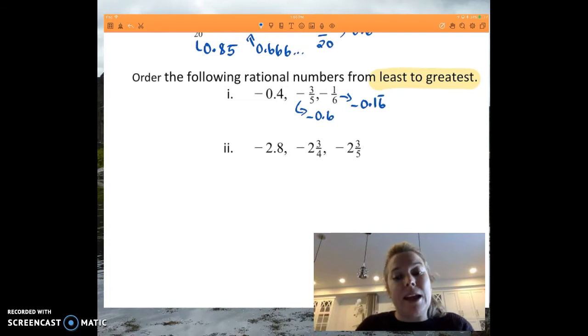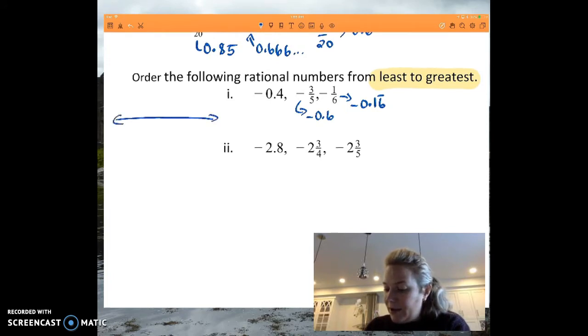Now, these are negative numbers, so this is something you have to really pay attention to. When you think about your number line, got 0 in the middle, 1, 2, 3, negative 1, negative 2, negative 3. Okay, as you go this way, it becomes greater.